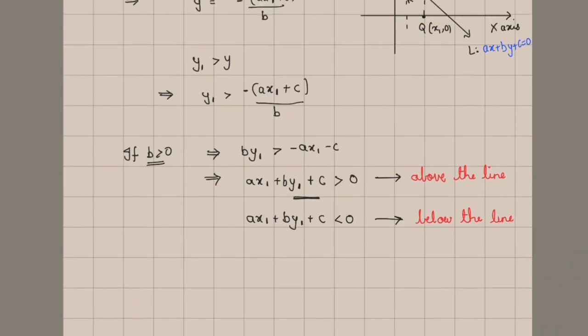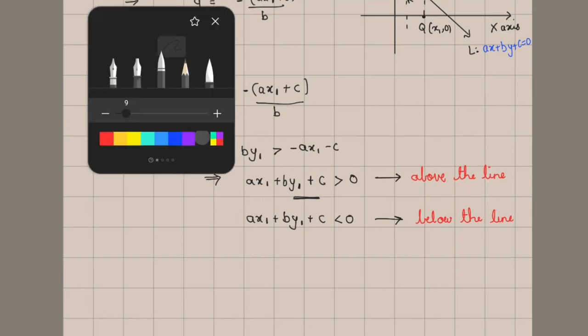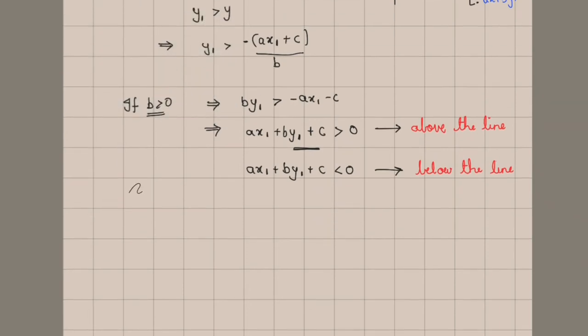We have seen the condition for b greater than 0. What if b is less than 0? Just reverse. If b is less than 0, when you are taking b to the left hand side, the sign changes because b is a negative number.